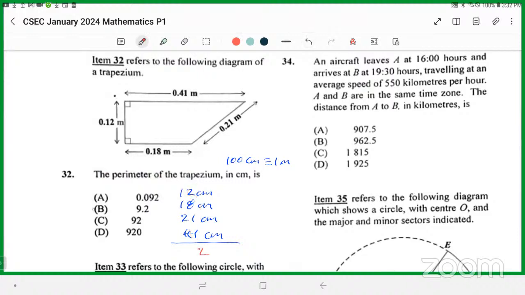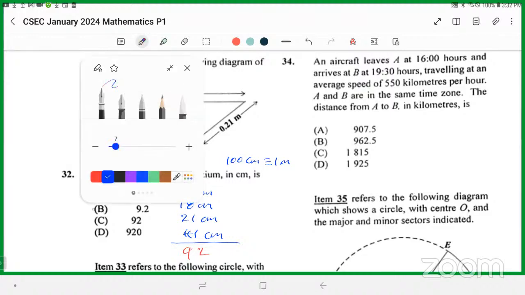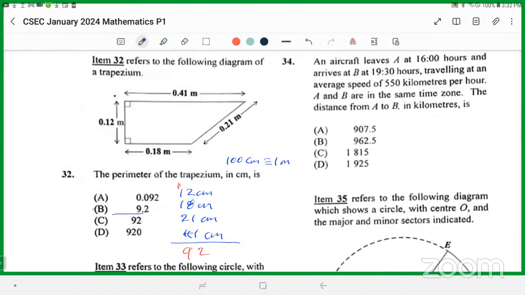And then I put 1 up here. These add up to 9, because this is 5, 4, 9. So I get a 9. So 92. Easy question right here.